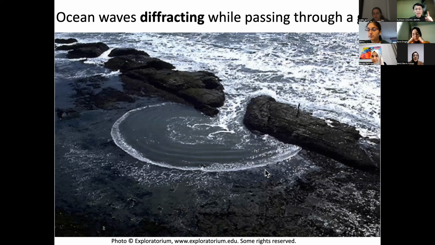So that phenomenon is very universal. Unfortunately, this puts a limit on us to see small, tiny objects. So this puts a fundamental physical limit for us to see really tiny objects that we call the diffraction limit. In fact, if there's a wavelength of this size, then we cannot see half of this size because of diffraction.